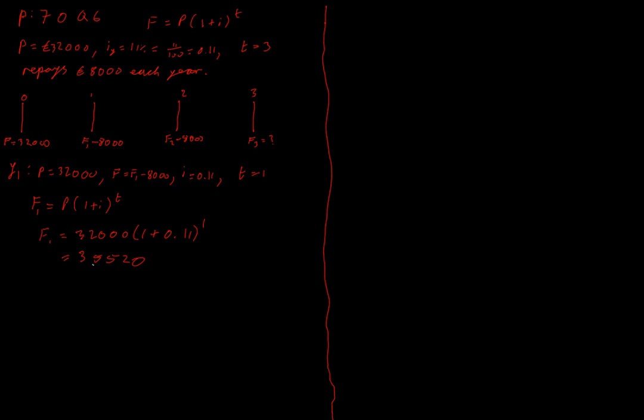So that's the amount of money in the account at the end of year 1, but then Joseph comes back and he pays off €8,000 of the debt at this point. So the final value after that for year 1 is going to be F1 minus our 8,000. It is going to be 35,520 minus 8,000.